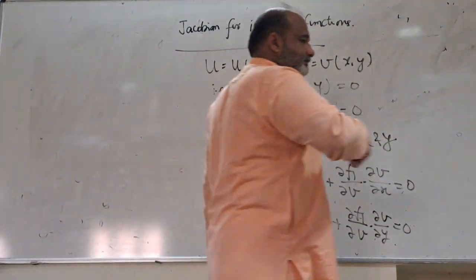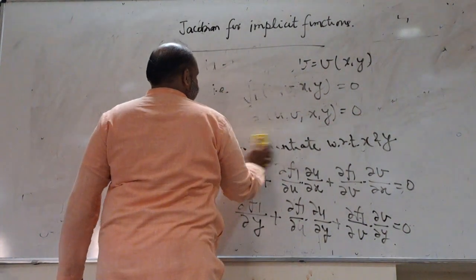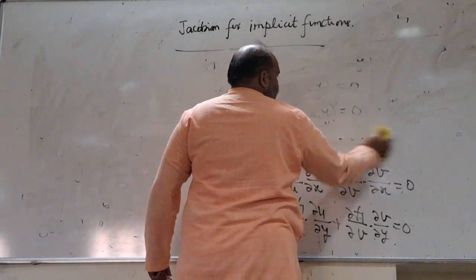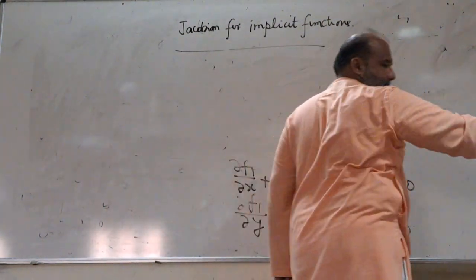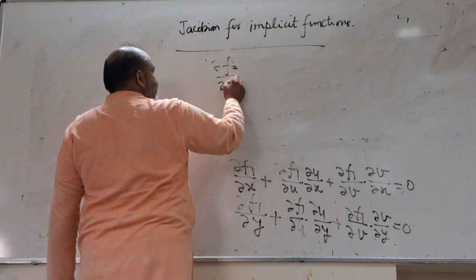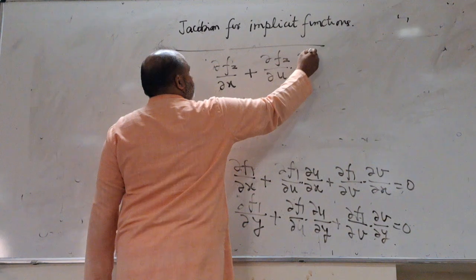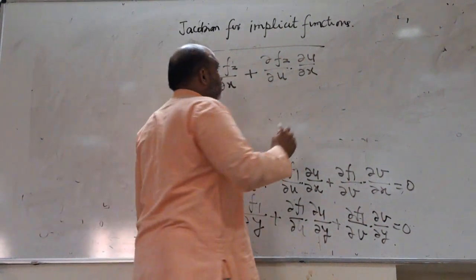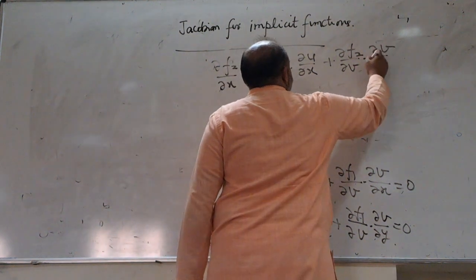So the equations will be del f2 over del x plus del f2 over del u into del u over del x plus del f2 over del v into del v over del x.